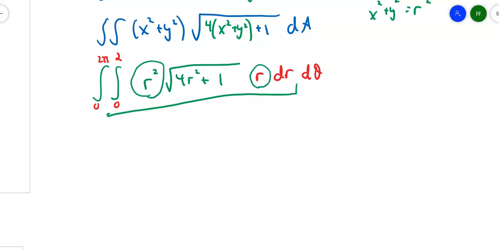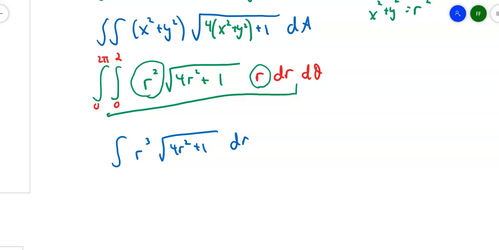So now you're looking at the integral of r cubed times the square root of 4r squared plus 1 dr. We're used to having the r with the bigger power on the inside and the smaller power on the outside, in which case we just let the u be the inside function and the outside function becomes my dr. But that's not what we have in this case.